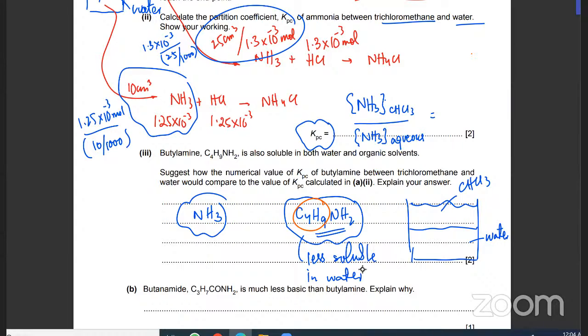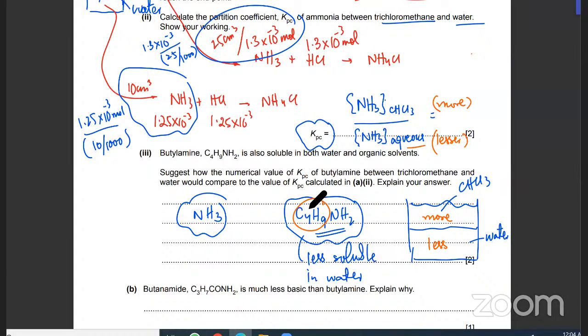If it's less soluble in water, there's going to be less butylamine in the water layer, relatively speaking, and more in the other layer. So the ratio, the concentration in the aqueous layer is going to be lesser for butylamine, and the concentration in the organic layer is going to be more. So your Kpc value would increase for butylamine. Let me just recap this.